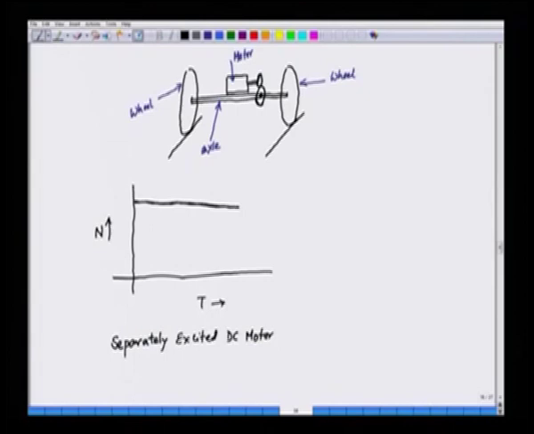Now, on the other hand, we have a choice of using a series motor. Now, if we use a series DC motor, the characteristic is something like a hyperbola. At very low torque, we have very high speed, and at full torque, we have low speed, as follows.